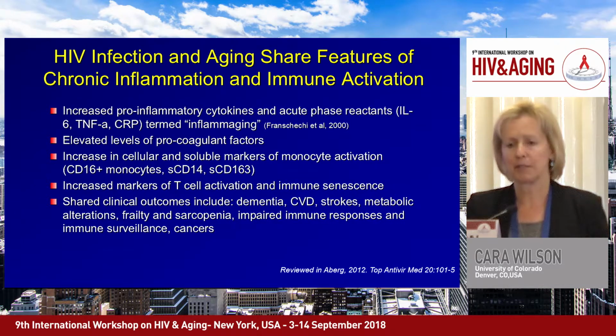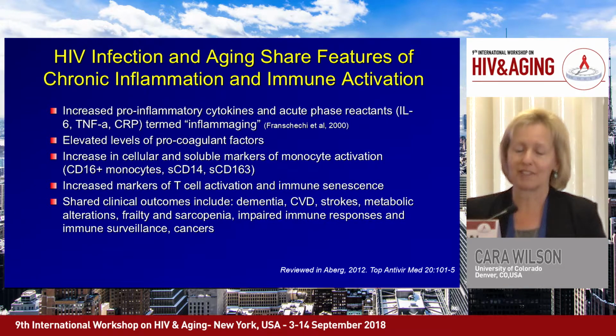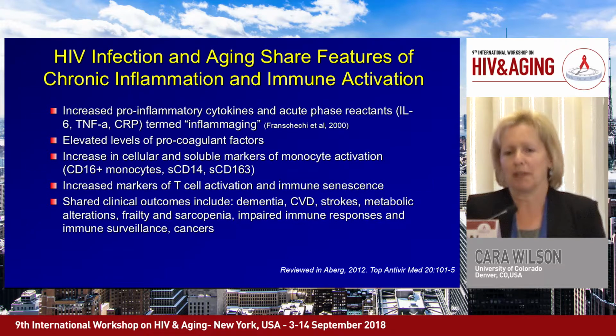So our group's been interested in inflammation and what drives inflammation. It's important to note that there are a lot of commonalities among the type of inflammation or markers of inflammation in HIV and in those independently reported in aging, which is often called inflammaging.